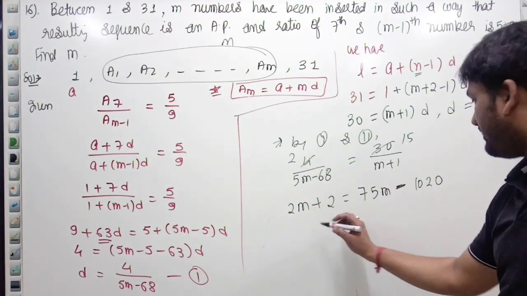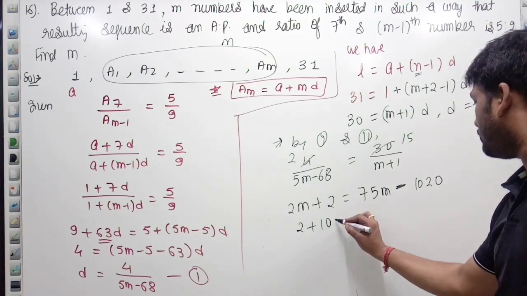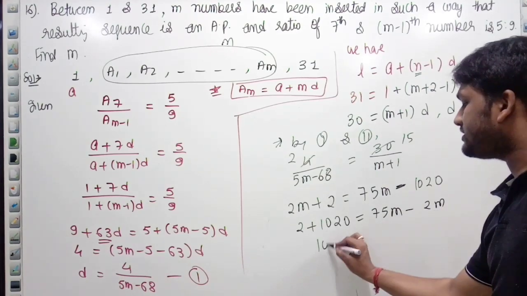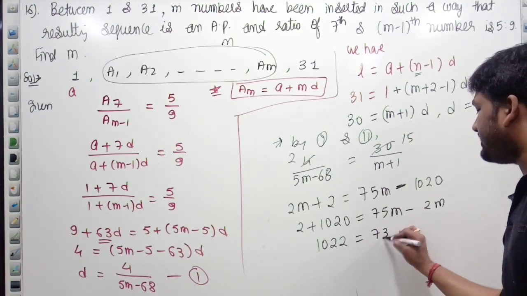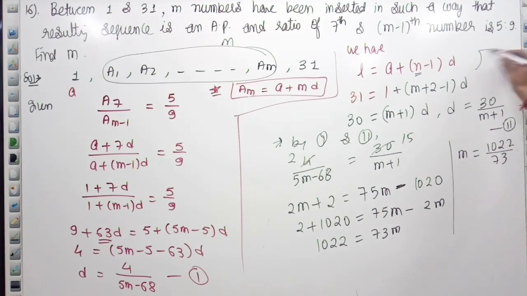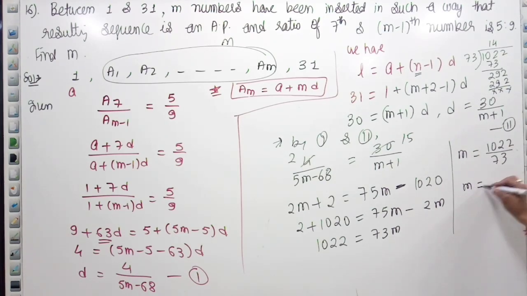So I will take 2 plus 120 equal to 75m minus 2m, 122 is equal to 73m. So m I can write as 122 upon 73. When I divide 122 by 73, 73 ones are 73, from 12 subtract 3, then 9, and 9 minus 2 is 7, then 2 and 2, then 4s are 292, it cancels out, which means m is equal to 14.